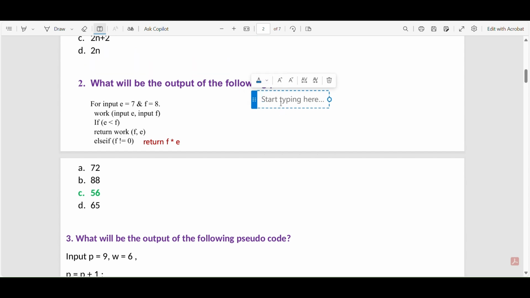Yeah. And in iteration 1 we'll be getting work of 7 comma 8, right? So in work of 7 comma 8, we'll be having if e is less than f, so 7 is e and 8 is f, right?